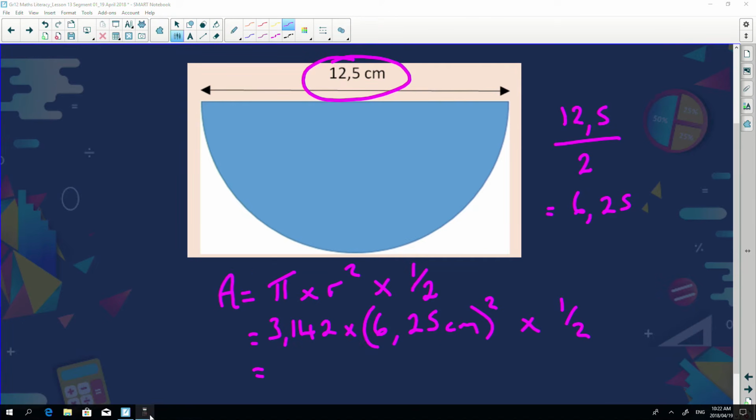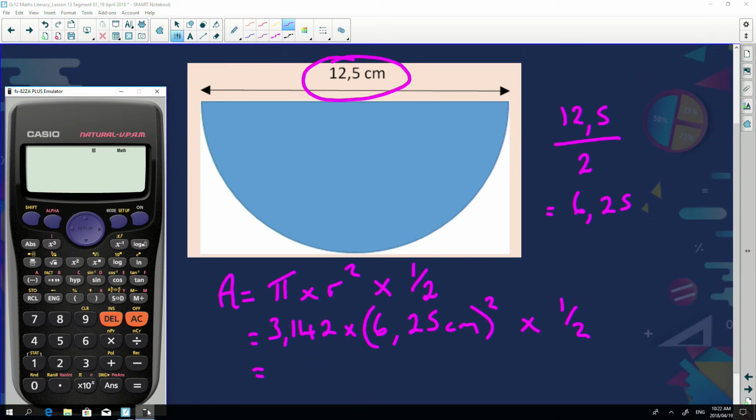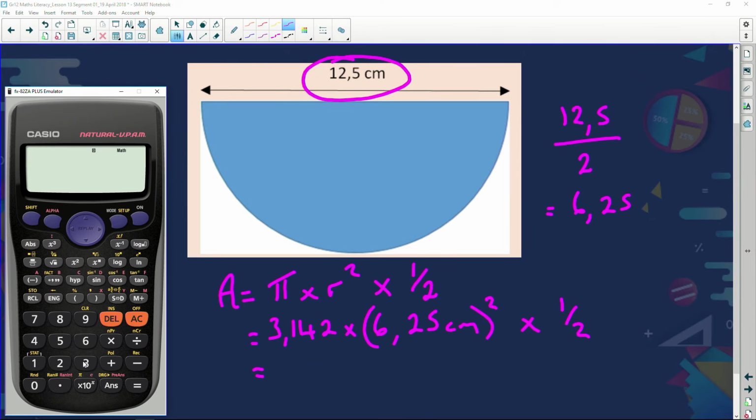I'm going to bring out a calculator because my brain is just not going to do this properly. So we say 3.142 multiplied, I'm going to open brackets, 6.25, close brackets, and I'm squaring that, and then I'm going to multiply it by half or 0.5.